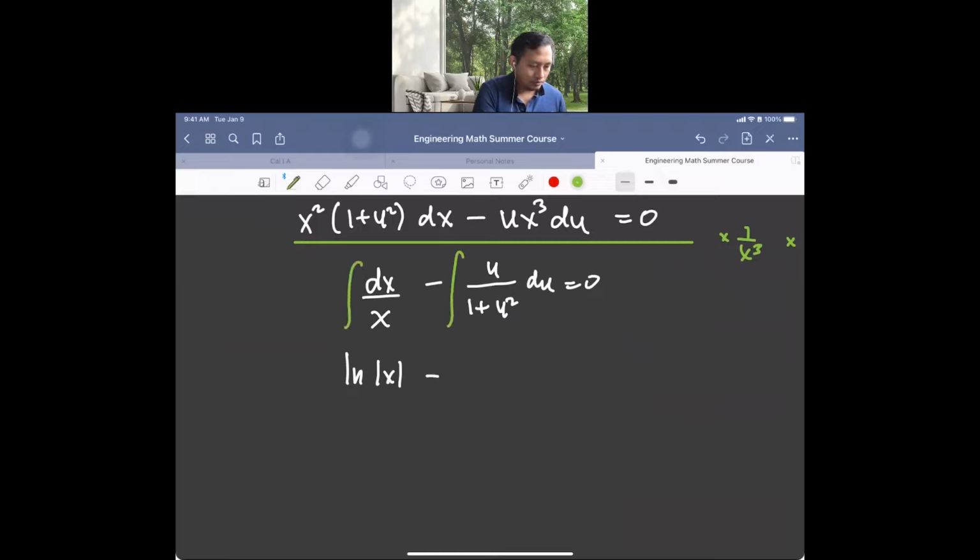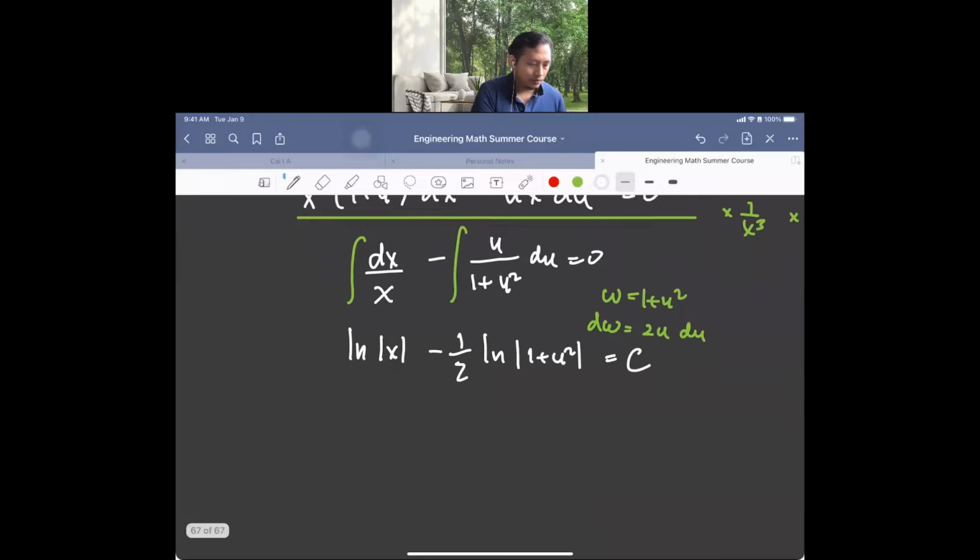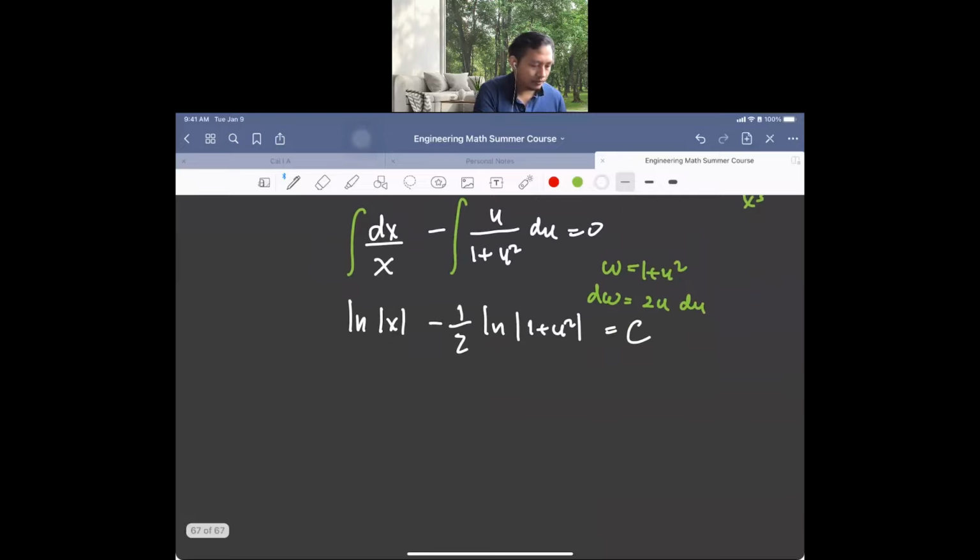Integrate using some substitutions. Let's say w, and we are going to have half, right? We have half ln 1 plus u squared equal a constant. Now we have ln x over square root, right?